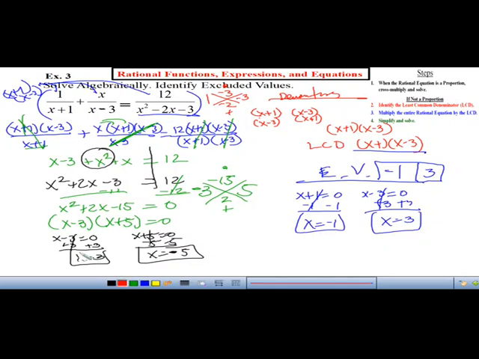So what does that tell us? That this one cannot be a solution. What do we call that one? An extraneous solution. Why? Because it's an excluded value, so it cannot be part of the solution.